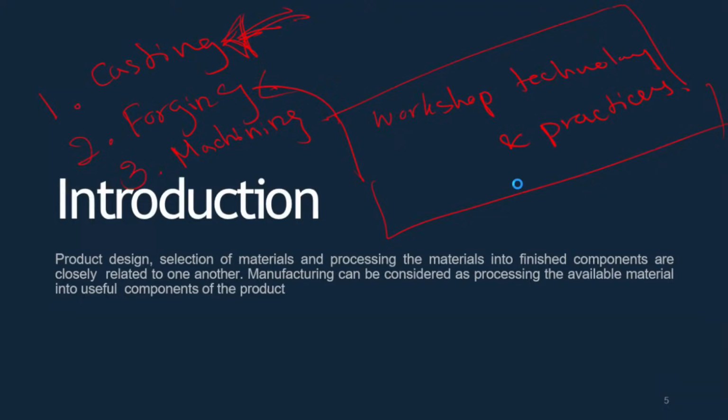So actually, in a fogging process, we can create our shape by applying compressive force. Okay, compressive force.